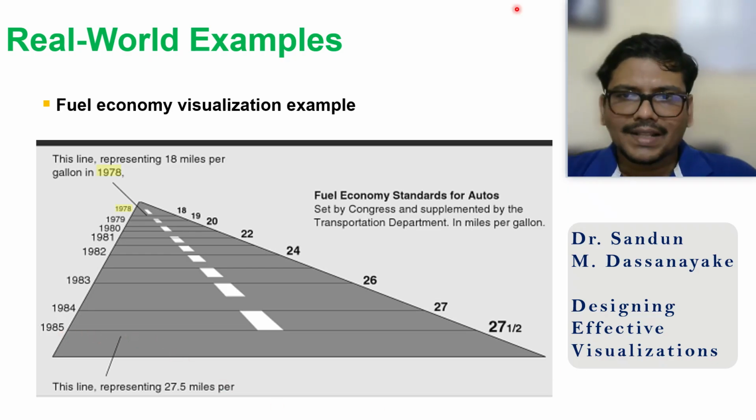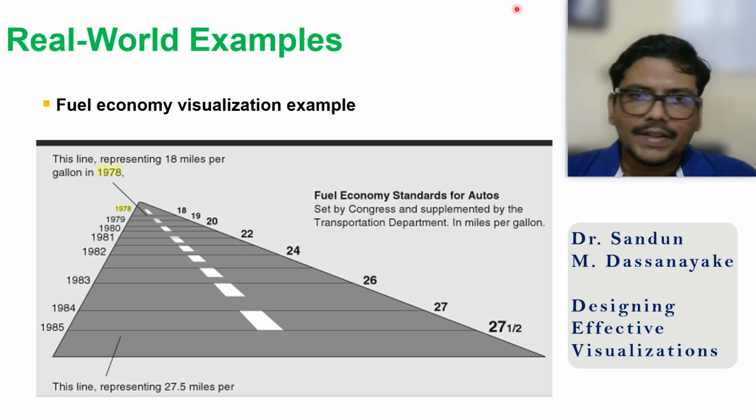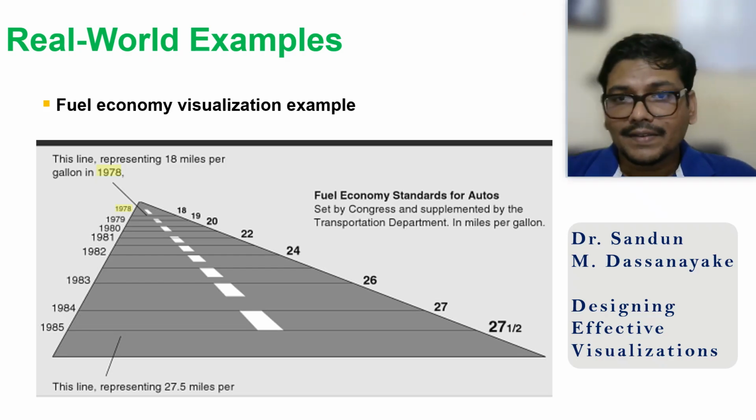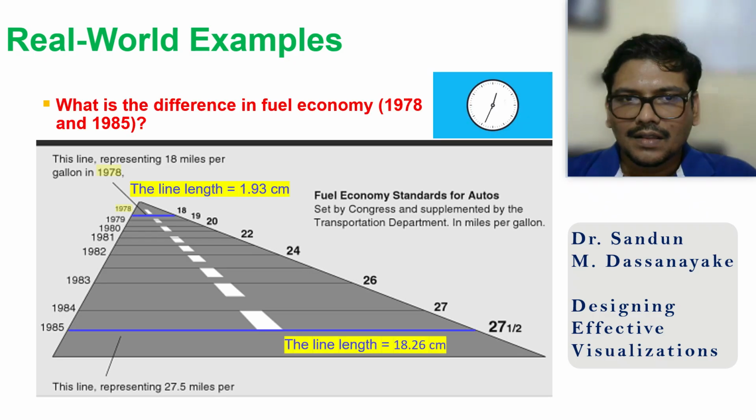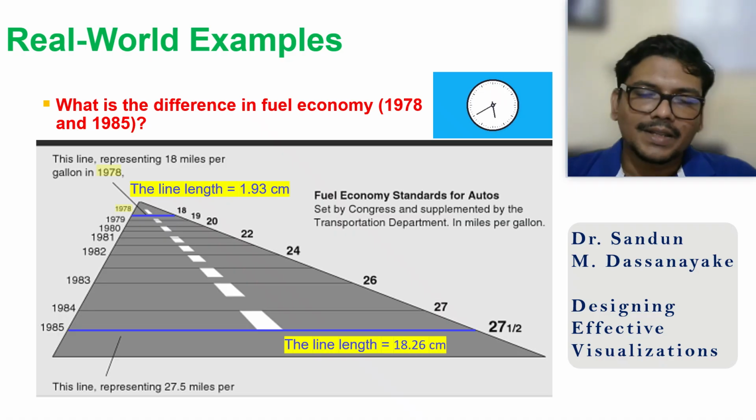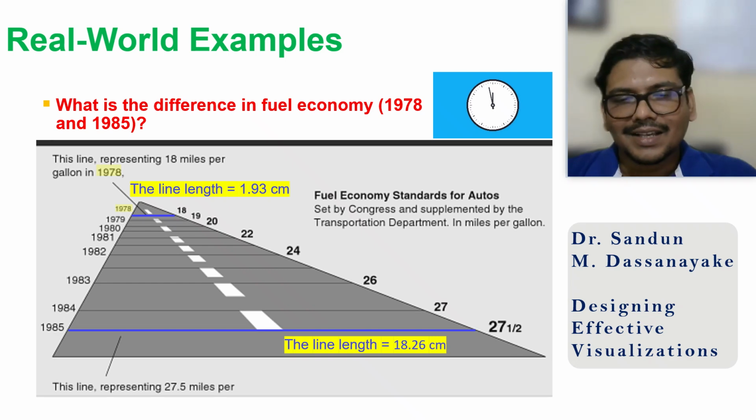This change in fuel economy is roughly a 53% change in actual data. Let us now see the lie factor in this visualization. We now walk through a live practice version of the fuel economy lie factor calculation, building on the same published graphic from the previous slide.